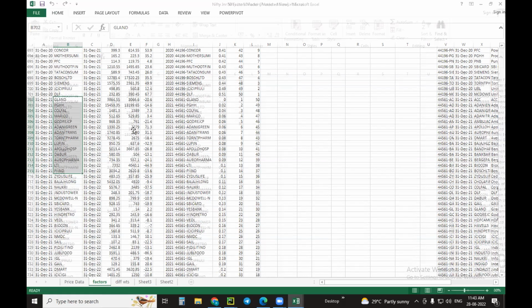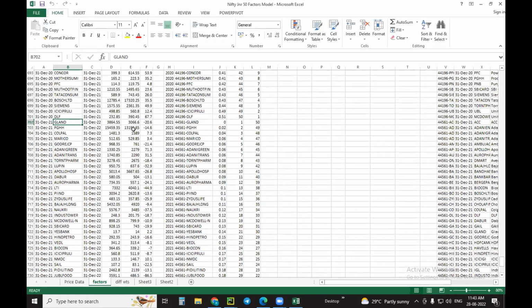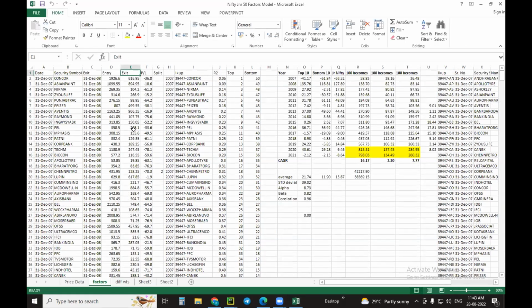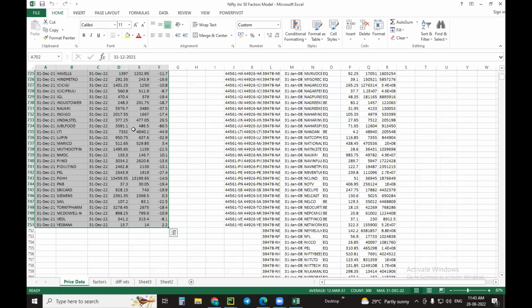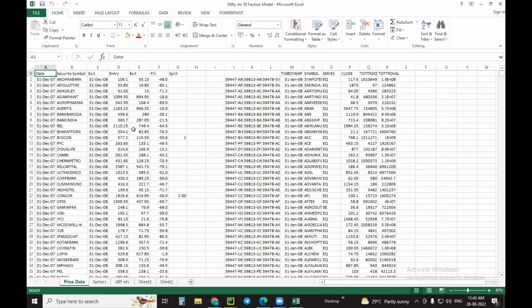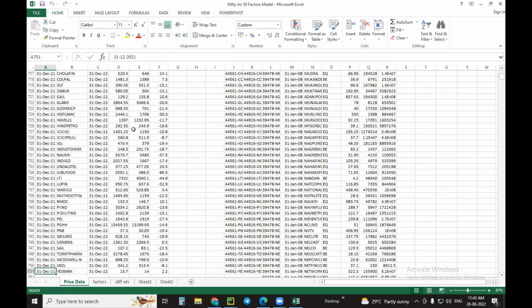Go to the price data. Here, no, you have to update the 2021, 22 data. So download the total market cap.